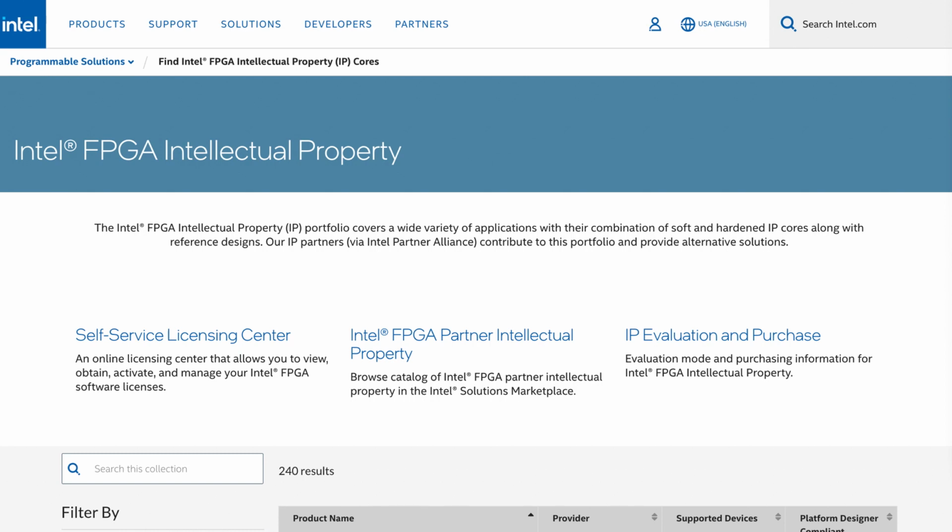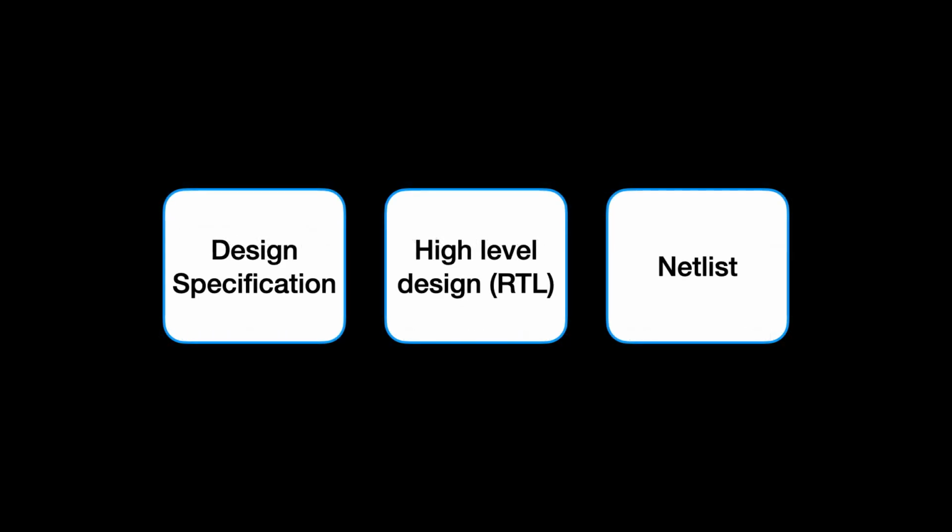These cores are provided by an ecosystem of industry players, original equipment manufacturers, semiconductor design houses, or even by the foundry itself. None of these cores can be trusted and inserted into the final design as is without verification and testing. Then that high-level representation is converted into a netlist, a bunch of gates.